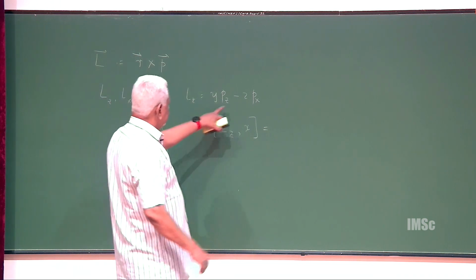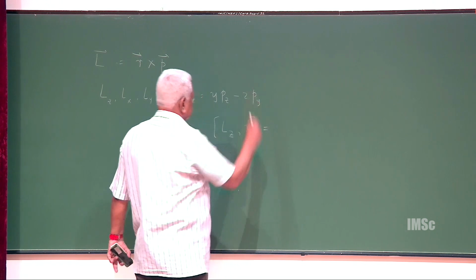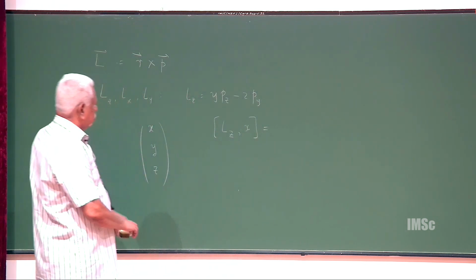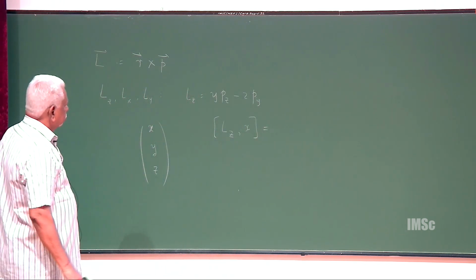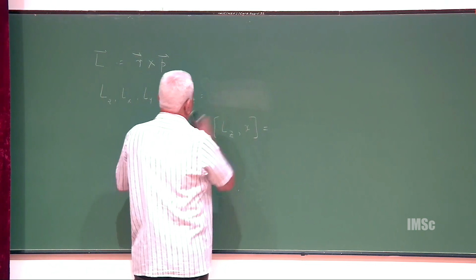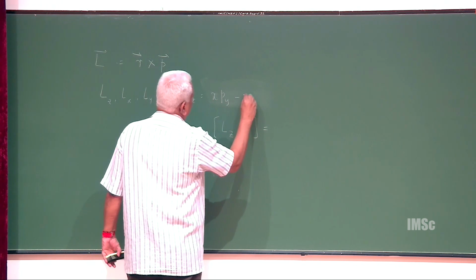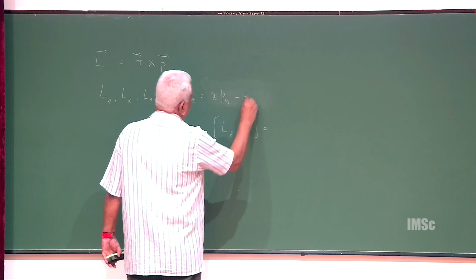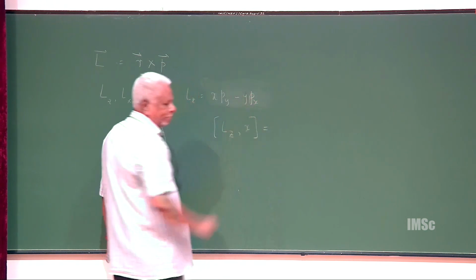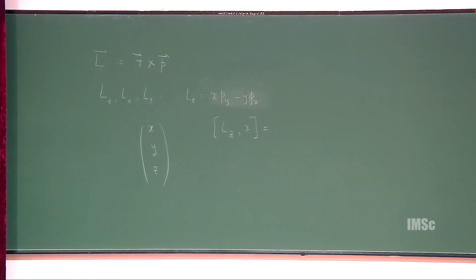It is y pz, no, sorry, this is not correct. This is x py minus y px, okay. That is what R cross P will have.